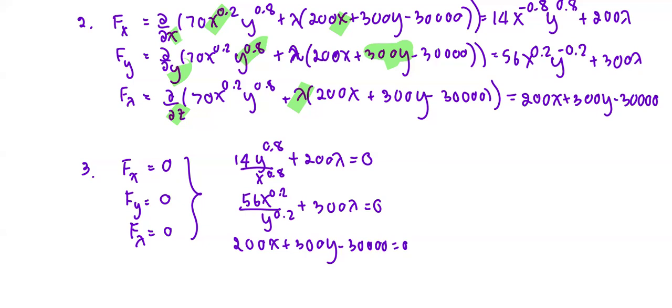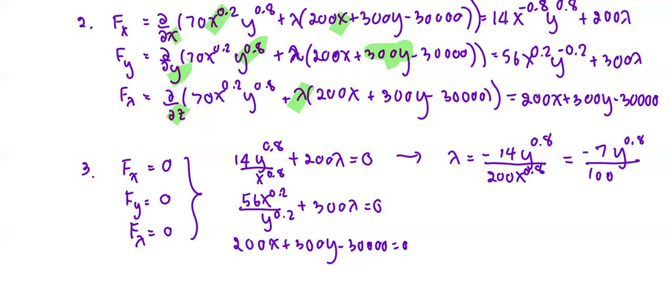So the first one, we solve for lambda. Lambda is negative 14 y to the 0.8 divided by x to the 0.8, divided by 200. And then we can simplify a little bit more to be negative 7 y to the 0.8 divided by 100 x to the 0.8. Set it aside. The second equation, solve for lambda.